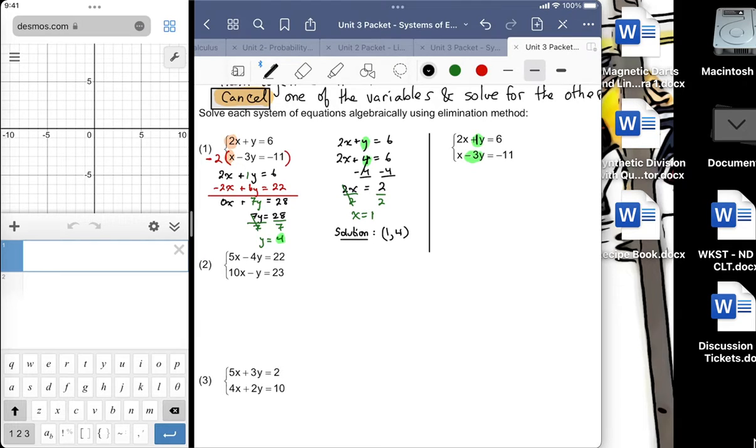If only that 1 were a 3, then it would be perfect. So we would multiply our first equation by 3, and in this case we would get 6x plus 3y is equal to 18. Leave the second one the way it is: x minus 3y is equal to negative 11.